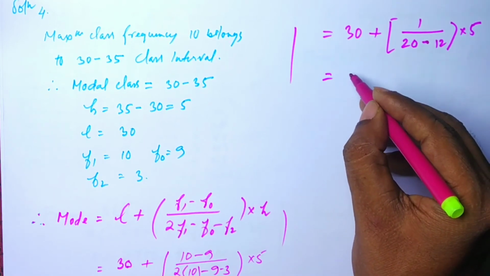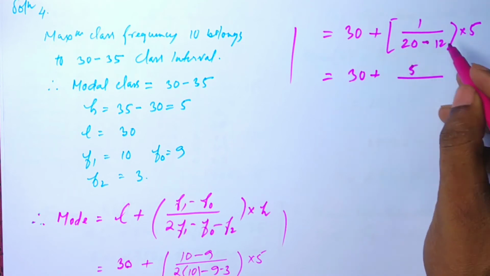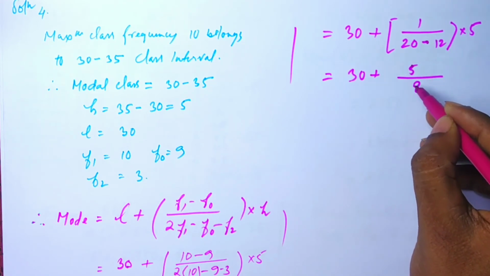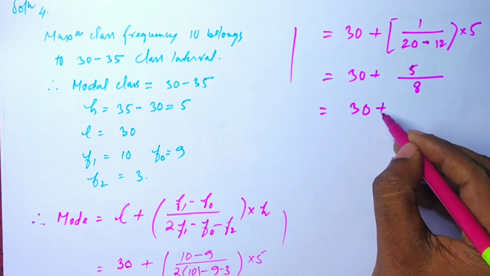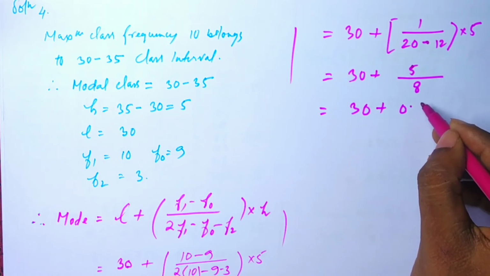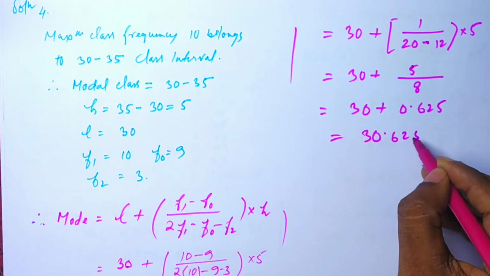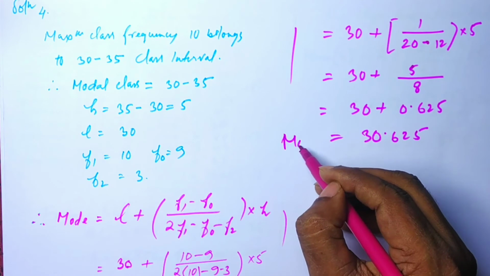So this will be equal to 30 plus 5 by 20 minus 12, which is 8. So this is 30 plus, if we divide we get 0.625. So this is 30.625 as our mode.